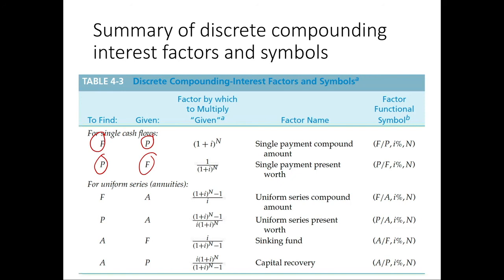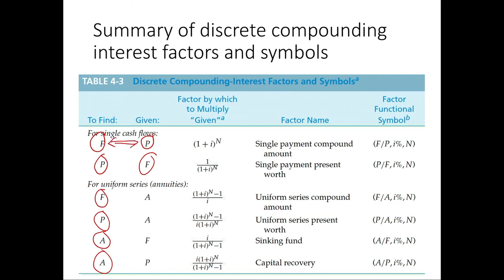Okay, and then today we have learned how to find out the future value given annuity. How do we find out the present value given annuity? And also, how do we find out annuity given the future value, and how do we find out annuity given the present value? To me, it's just like to convert the value at different times to another time spot.